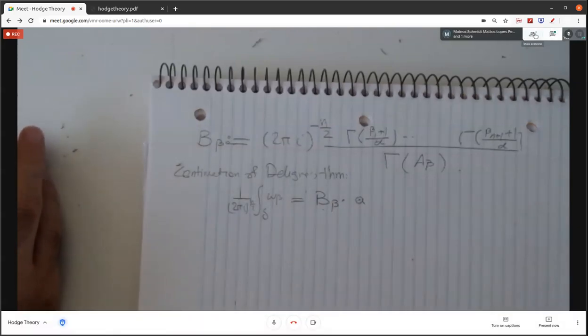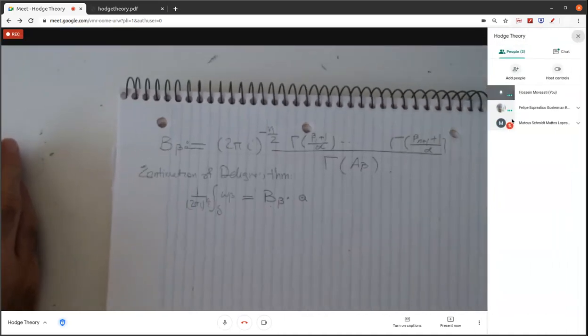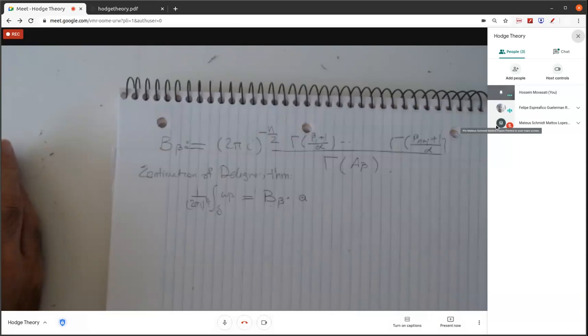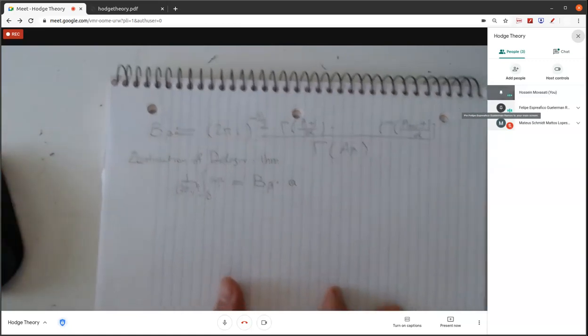Felipe. Deixa eu ler aqui. O Matheus está falando alguma coisa, tá? Tá cortando. A voz ou... Também. Mas. Deixa eu ver. Você está me ouvindo bem? Felipe, você está me ouvindo bem ou não?